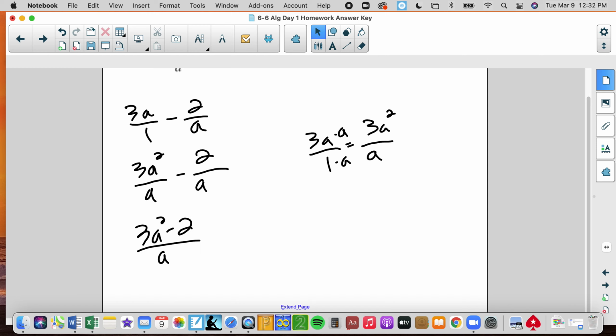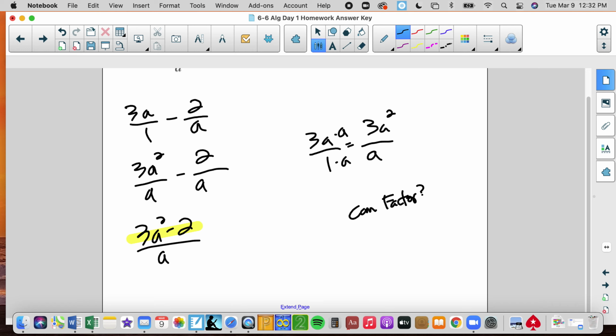Now we want to make sure that that numerator can't be factored. We should be testing this. All right, well, that has 2 terms and subtraction. So remember, we're looking at factoring. Can we factor it? And what we do is we look for a greatest common factor. No GCF of those. We look, is it a difference of squares? Because that's 2 terms.